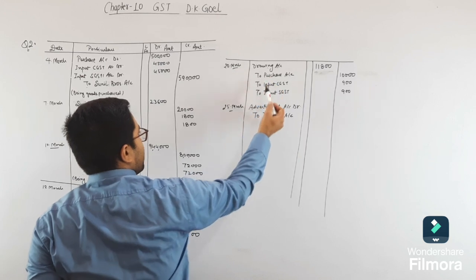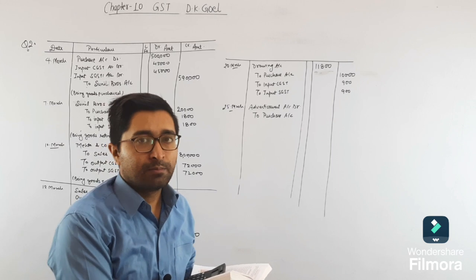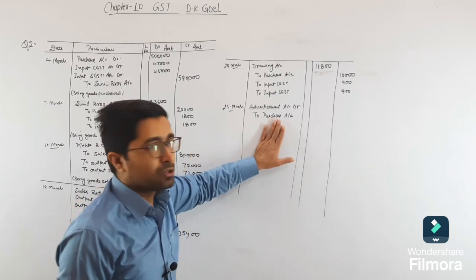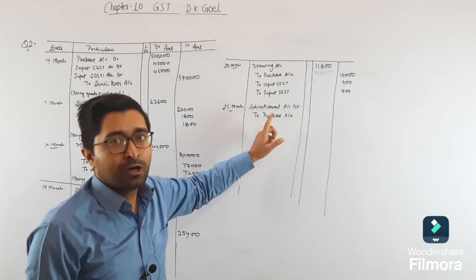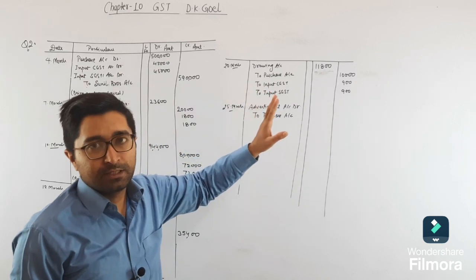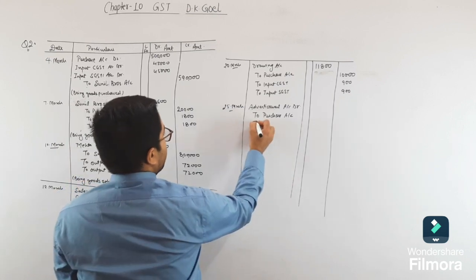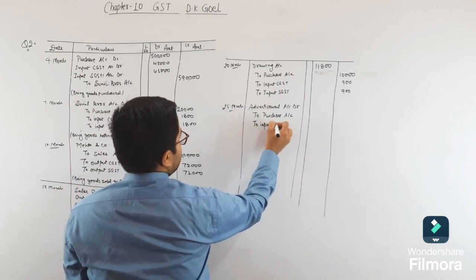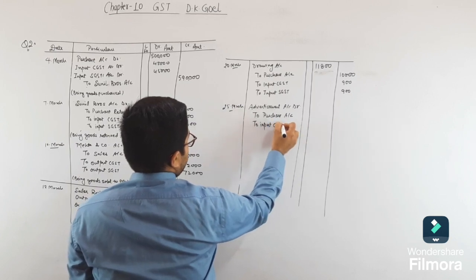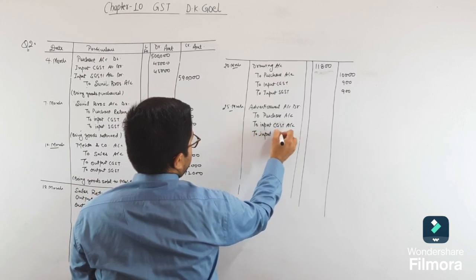Again the same condition is this: if you distribute your stock as the free sample, then you will not be allowed to take the advantage of this input CGST and SGST. So the next entry will be purchase account to input CGST to input SGST.